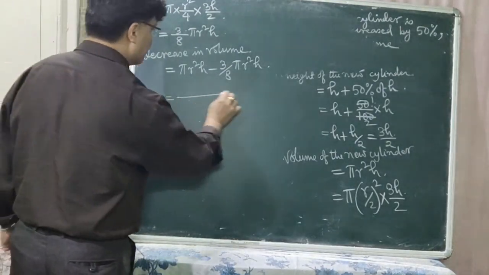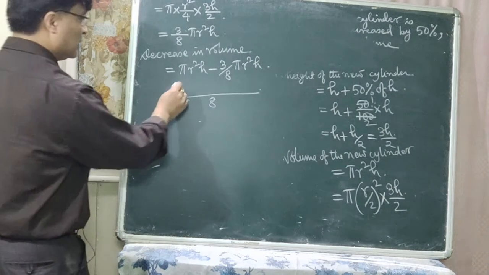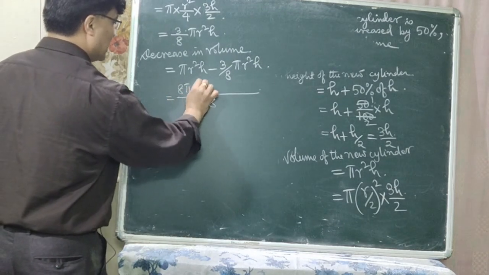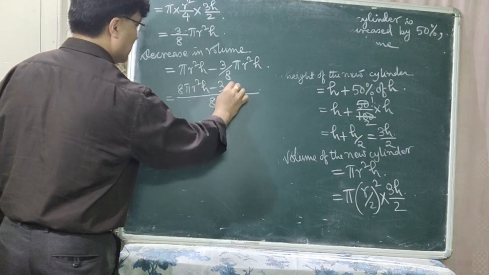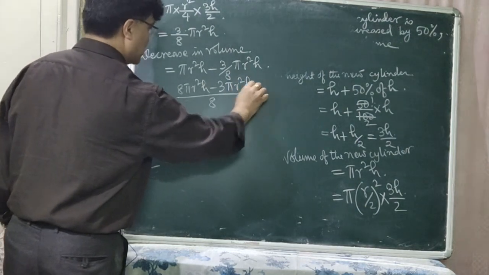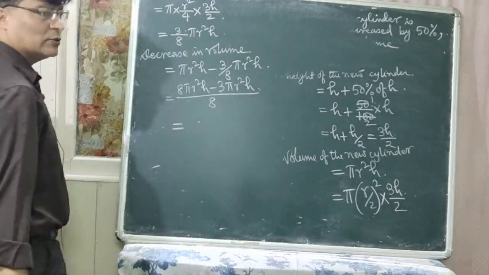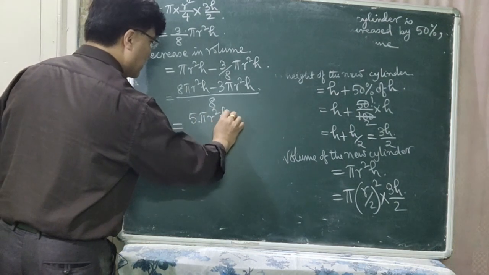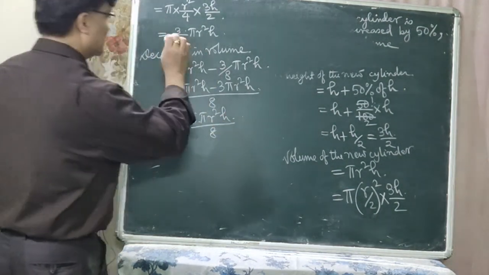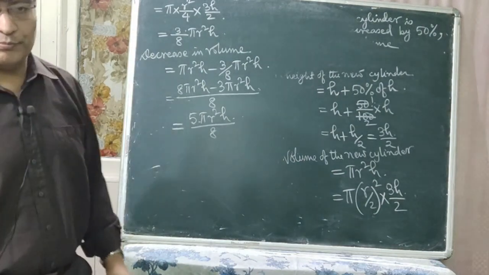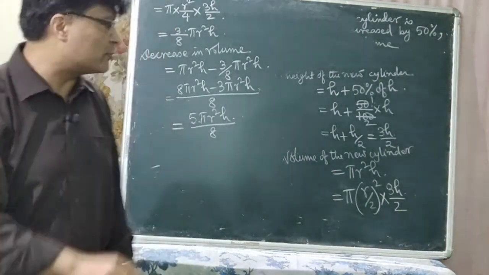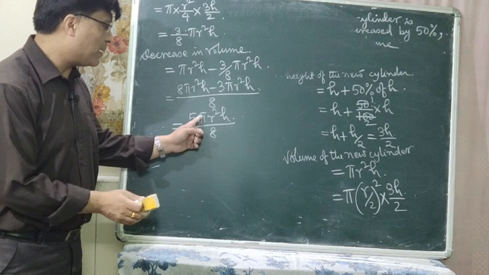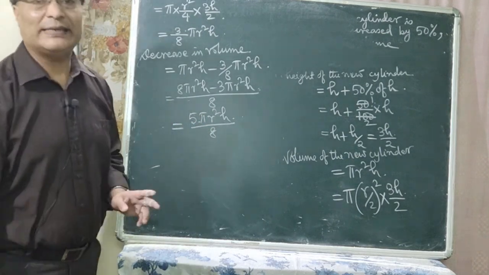What's the LCM? The LCM is 8. So it is 8 pi r square h minus 3 pi r square h. Okay. So which is equal to, what is 8 minus 3? This is 5 pi r square h divided by 8. So this is the decrease in volume. The volume has decreased by 5 pi r square h divided by 8.